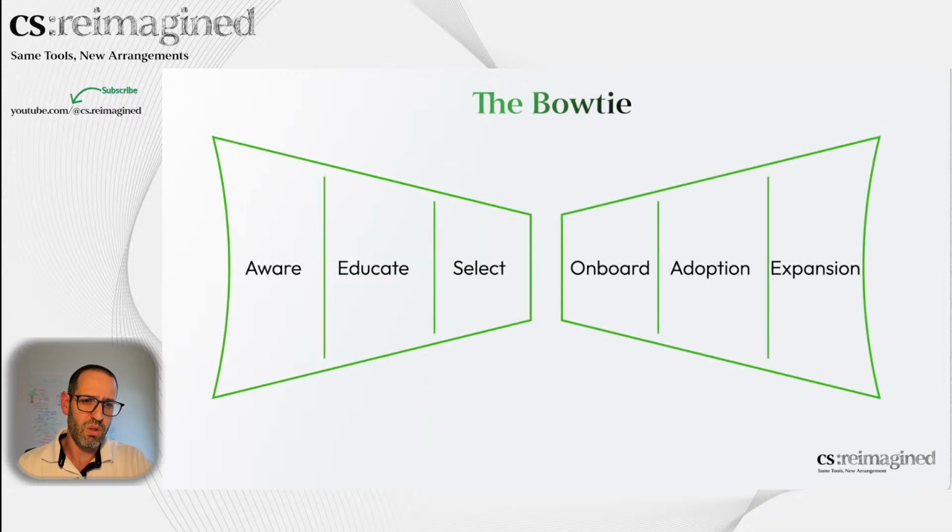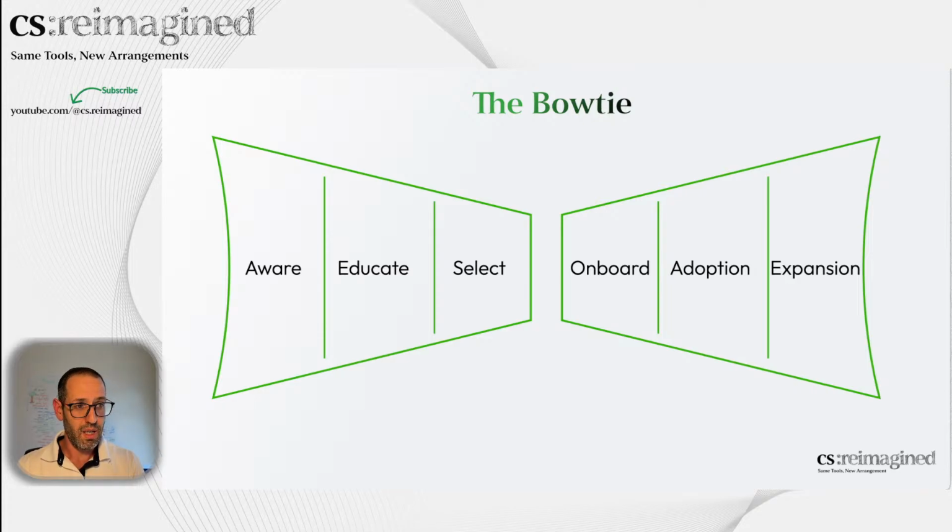It's more of a bow tie. So the value is actually starting on the left-hand side where they're aware, and it's running across all the different stages. As you can see, we have a gap at the moment in the middle between the select and the onboard, and this is where the friction usually comes from, the handover from sales to post-sales, to the CSMs, and so on.